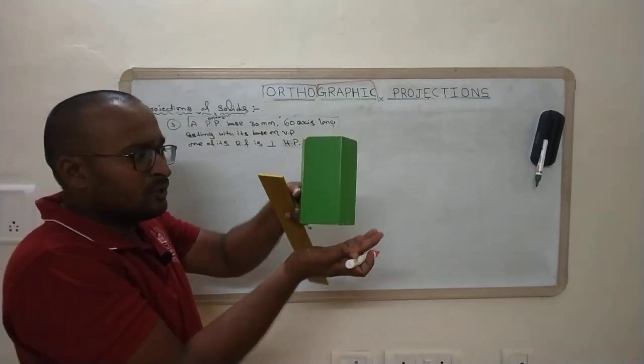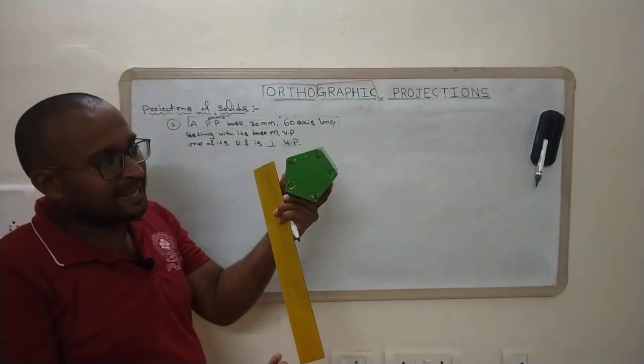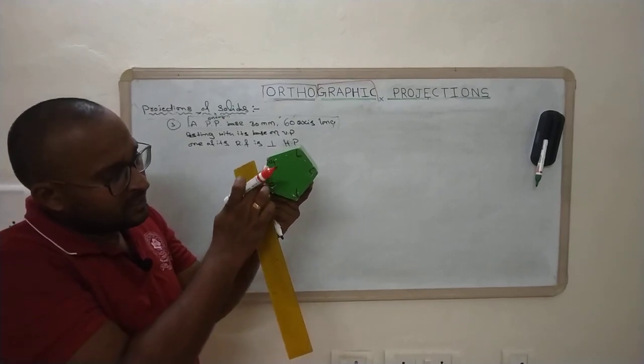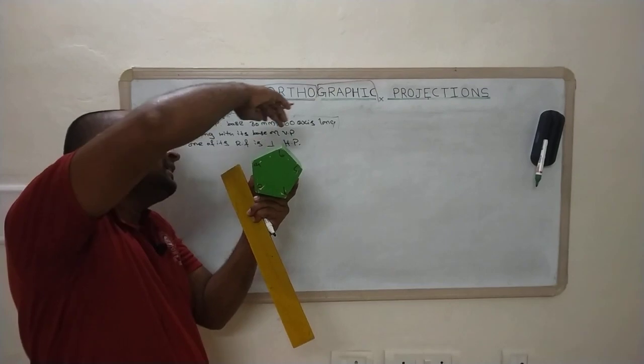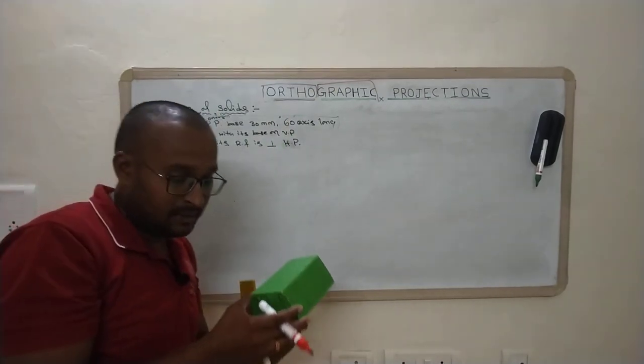So we place them like this: A, B, C, D, E.